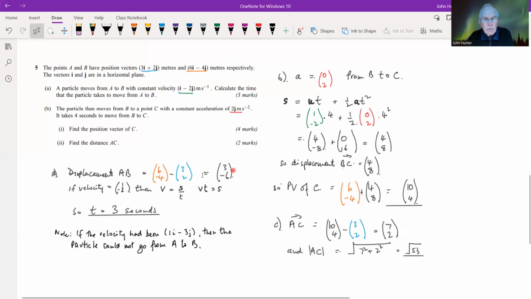Incidentally, though, if we found that these weren't proportional, if dividing the x into the x here had given you a different answer to the y into the y there, then there wouldn't have been a solution for it.